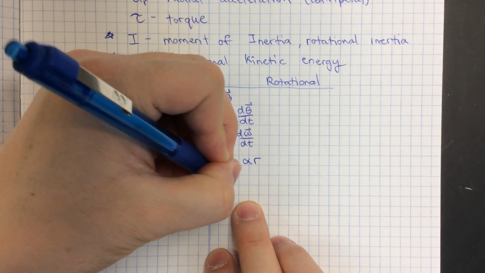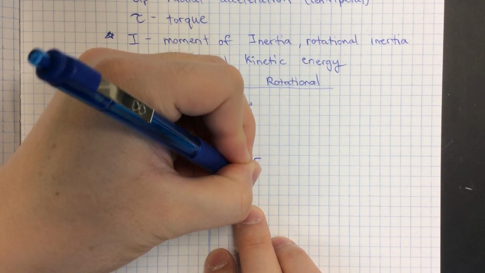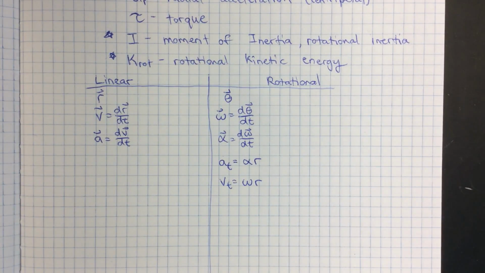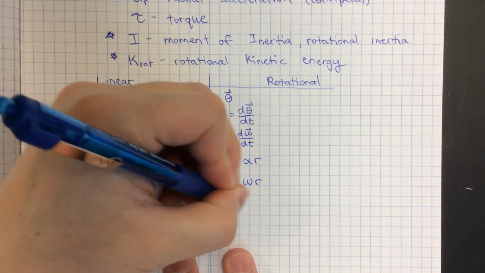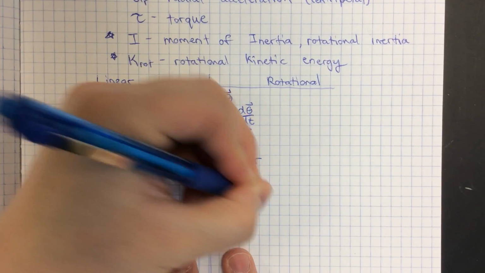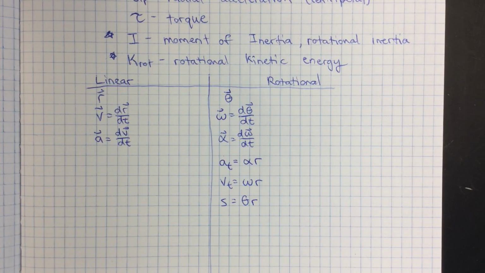Your tangential velocity is related to your angular velocity by that. And this arc length S is related to theta.